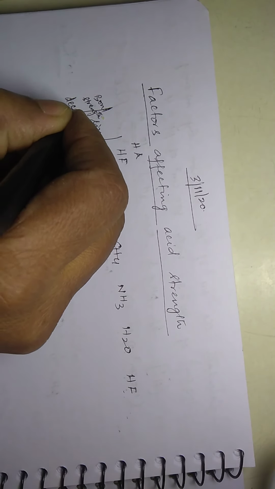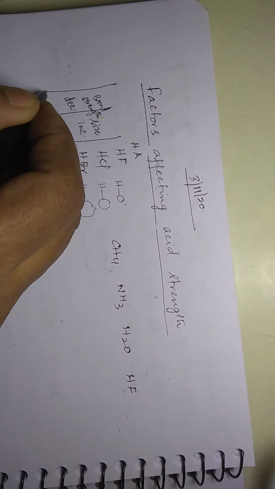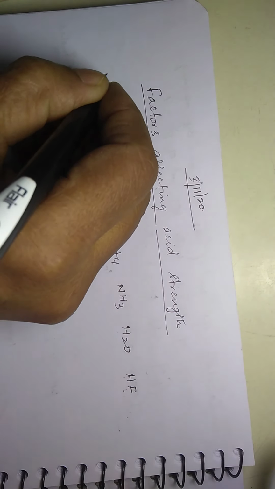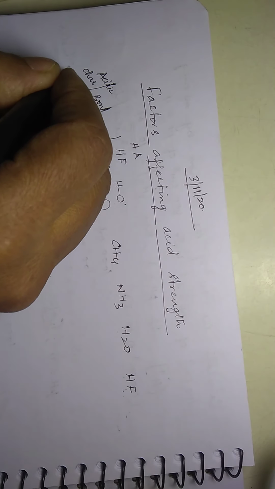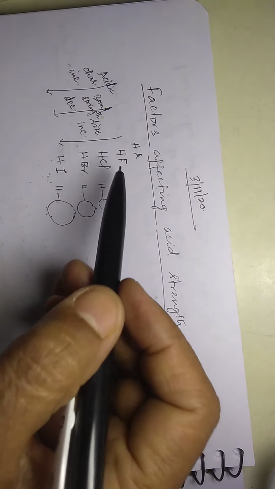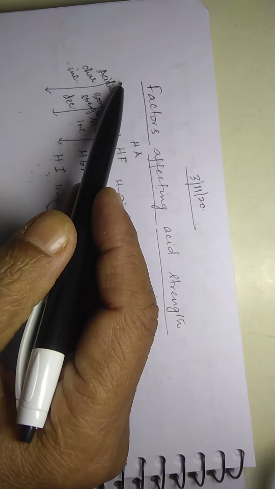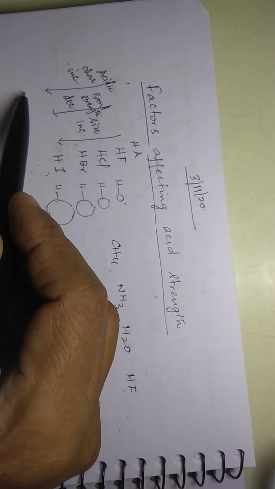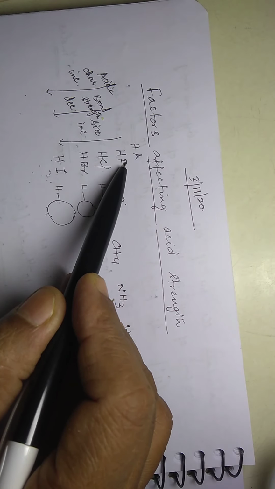And as the bond strength decreases, what is happening? Acidic character increases. Right? Size is increasing, bond strength is decreasing, and acidic strength is increasing. So you say HI is the most acidic, HF is the least acidic.